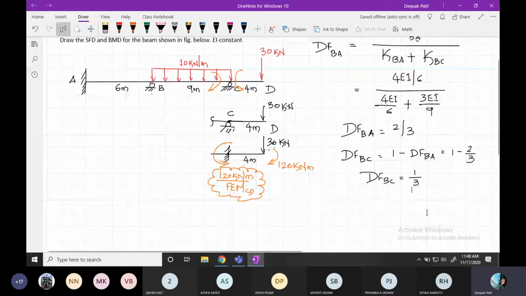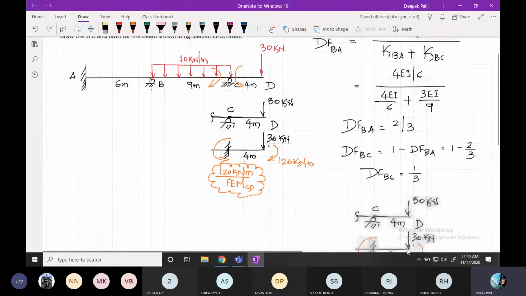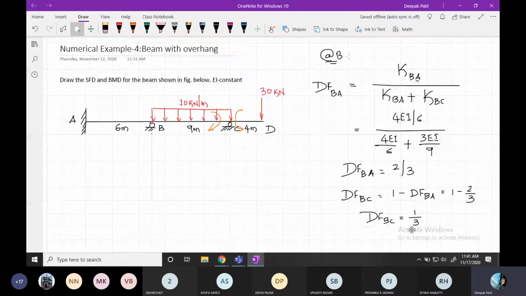So once that is done, now I have to move on and draw the moment distribution table. So I will just keep this part somewhere else so that it will be easy for me to write down the moment distribution table. So I will draw the table now.